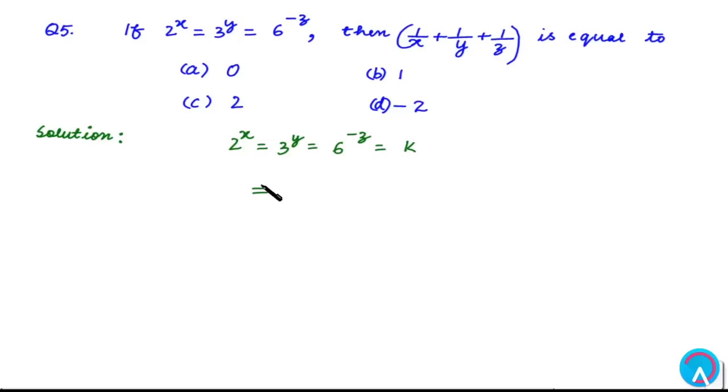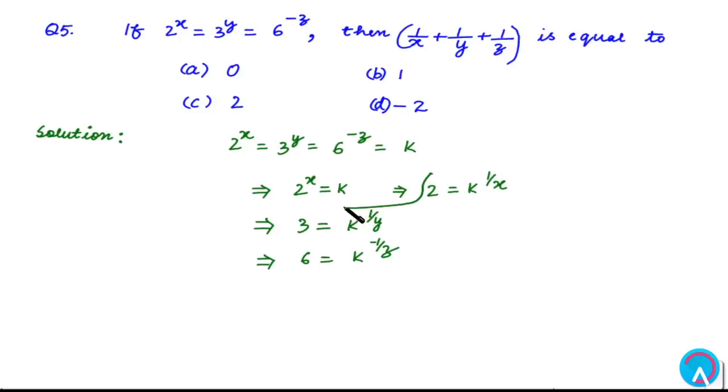This implies if we take 2 to the power x is equal to k, so this will imply that 2 is equal to k to the power 1 by x. Similarly, 3 from here will be equal to k to the power 1 by y, and 6 will be equal to k to the power of minus 1 by z.